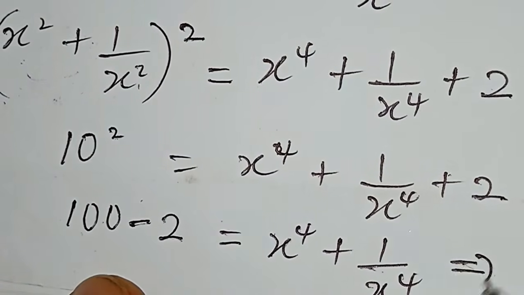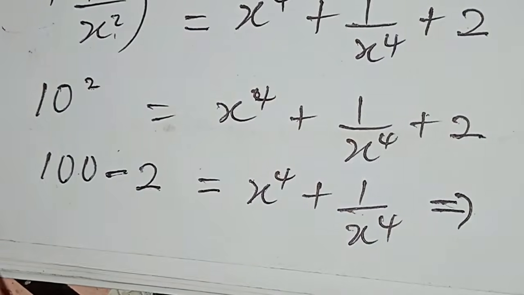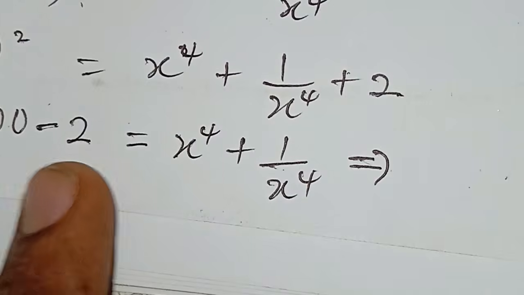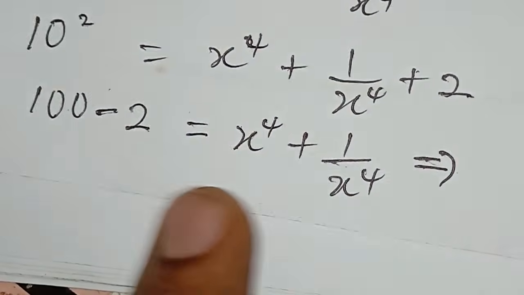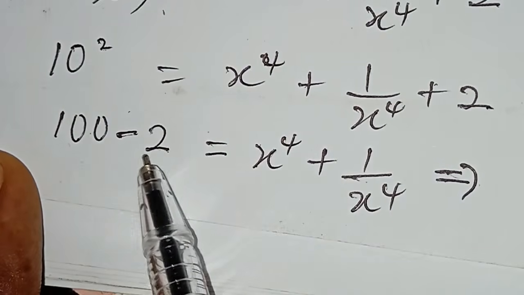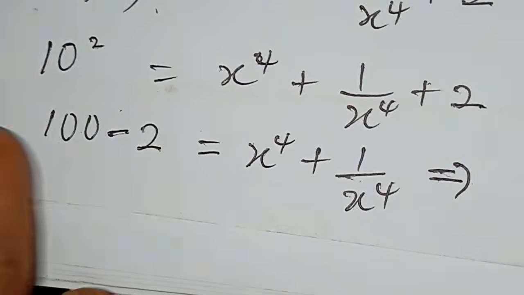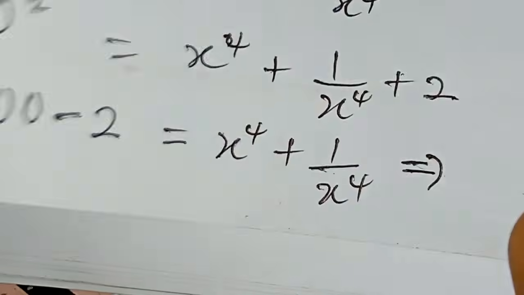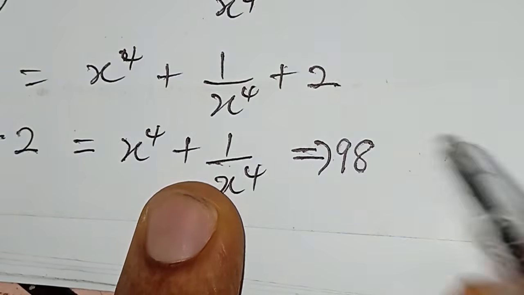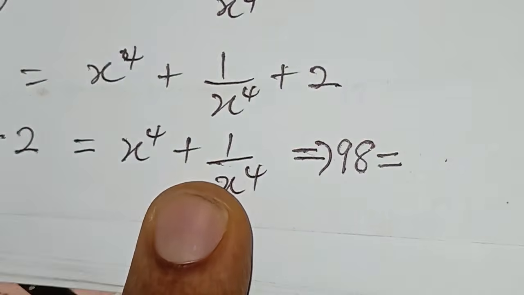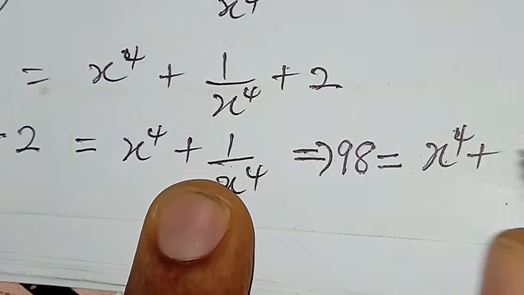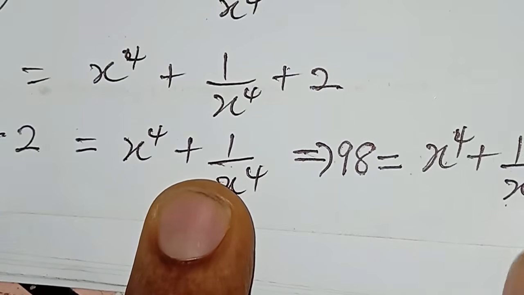And this implies that 100 minus 2 will give us 98. It means that 98 is equal to x to the power of 4 plus 1 over x to the power of 4.